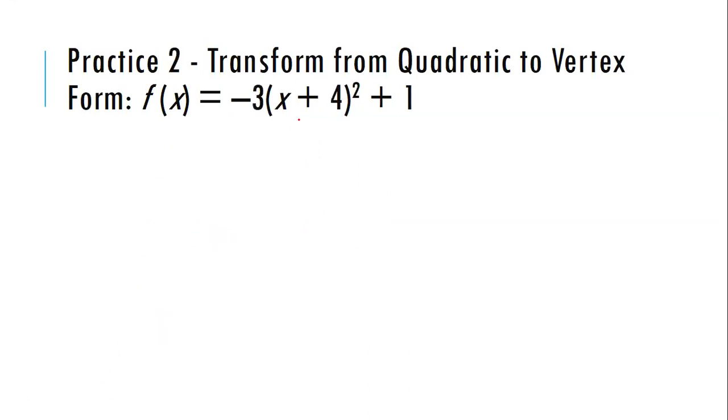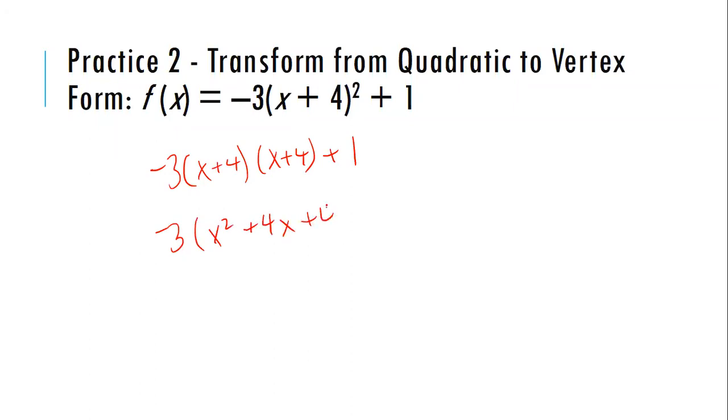All right, one more practice. So again, following our steps. So I'm going to expand x plus 4 times x plus 4 plus 1. And I'm going to FOIL. That gives me x squared plus 4x plus 4x plus 16 plus 1. I can combine like terms or just distribute. I'm just going to go ahead and distribute the negative 3.